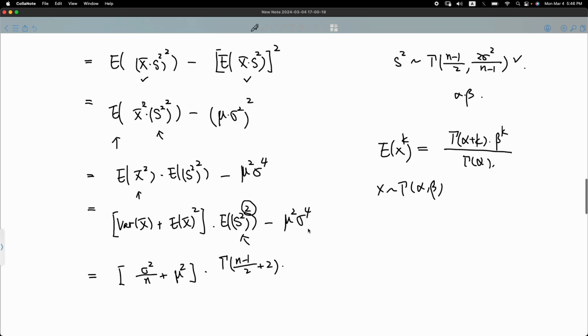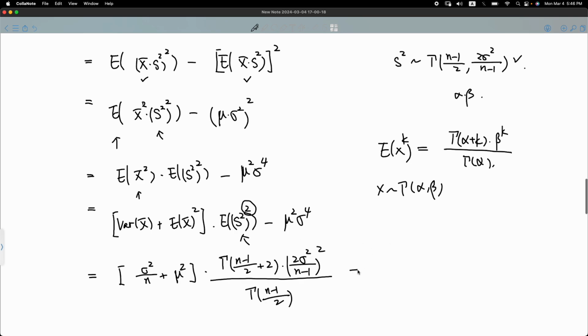Beta in our case is 2 sigma squared over n minus 1, raised to the power of k, and k is 2 here. And then over a gamma function of alpha, which is n minus 1 over 2 in our case.